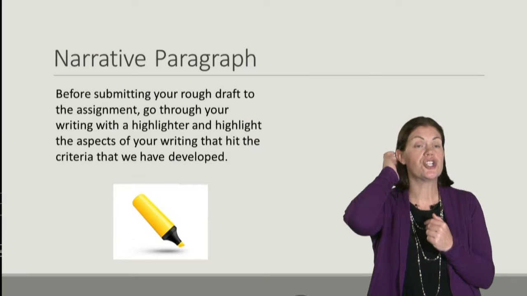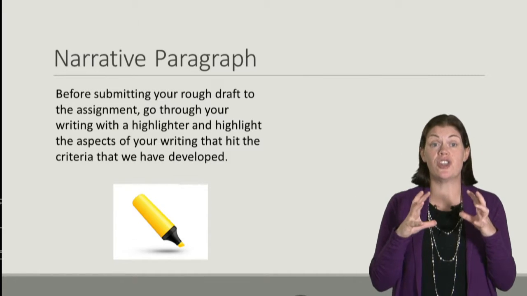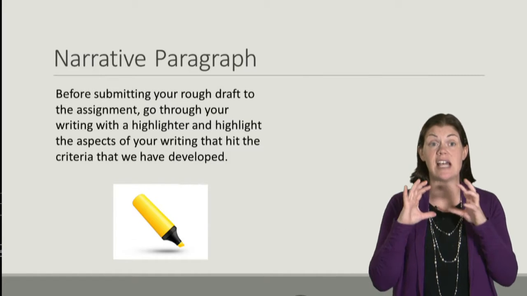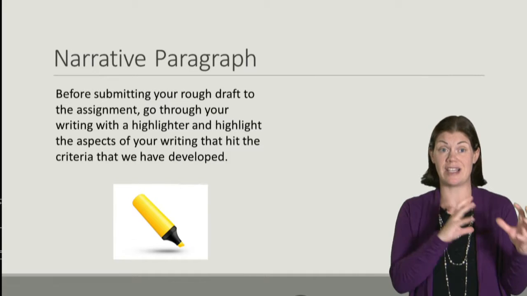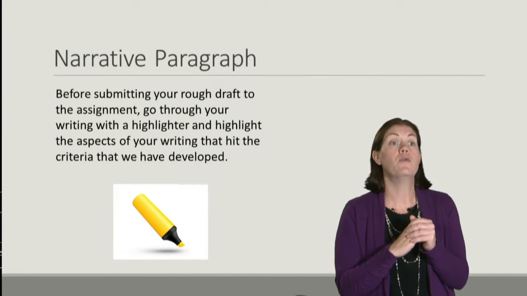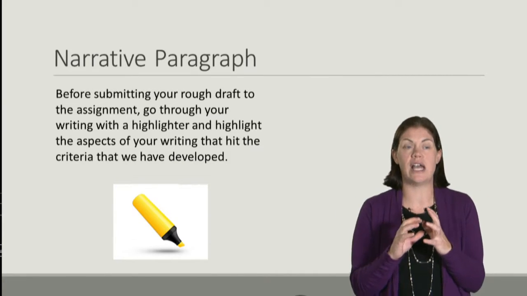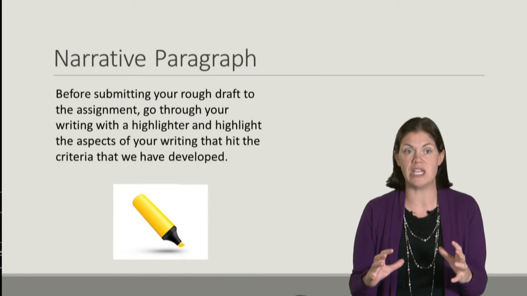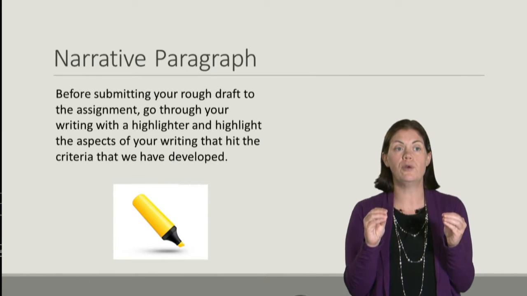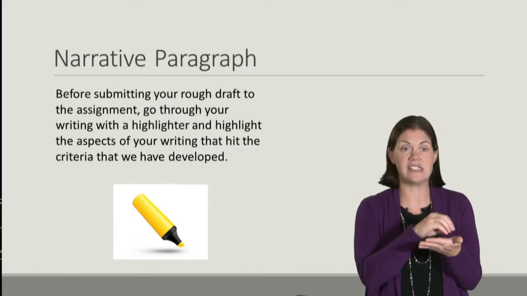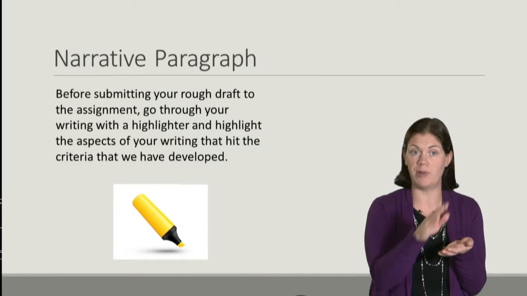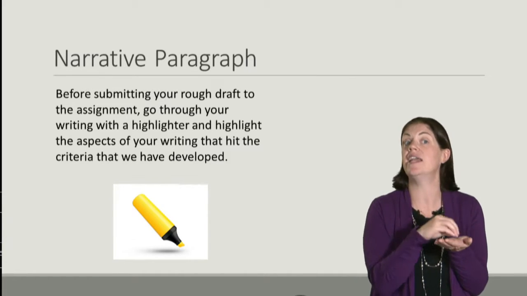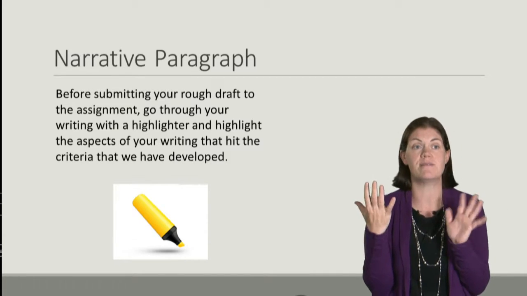Now, make sure you guys, and again, I'm going to make sure that the assessment criteria is up in the assignment so you can go back and reference it. I really would love to see you, before you even submit your rough draft, go through with a highlighter, whether it's on paper and then you upload and scan it, or whether it's highlighted on your computer in the Word doc, doesn't matter.